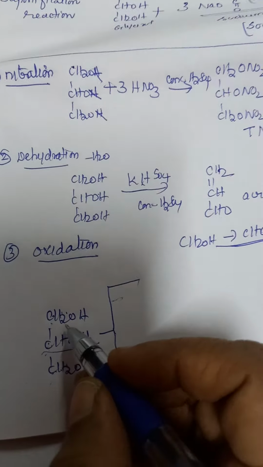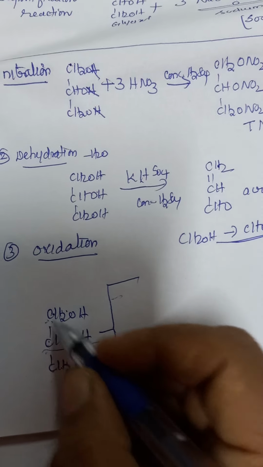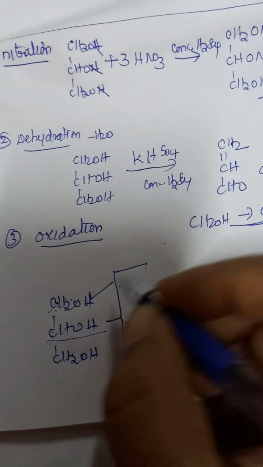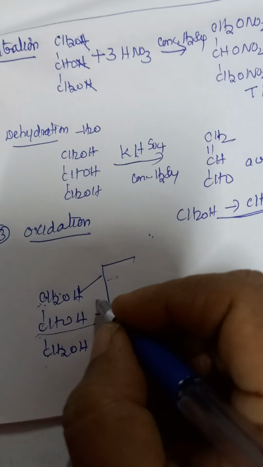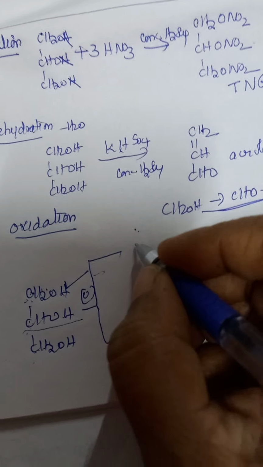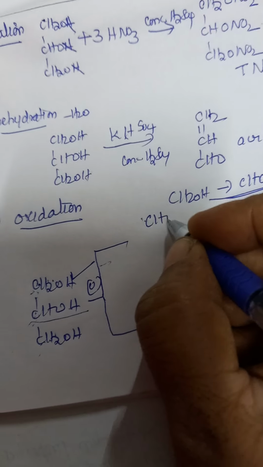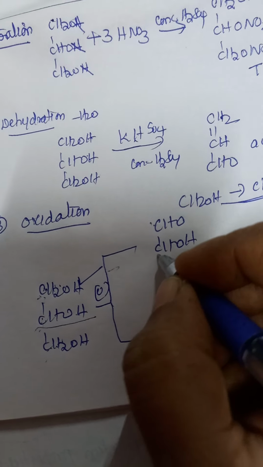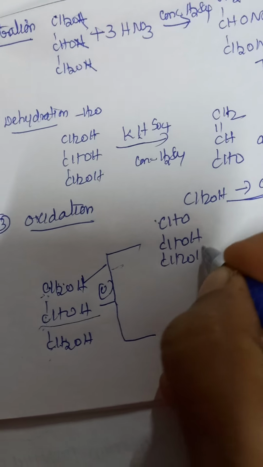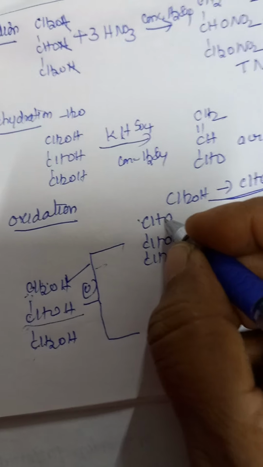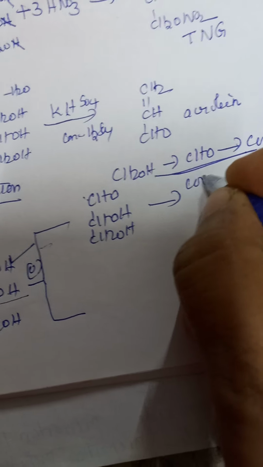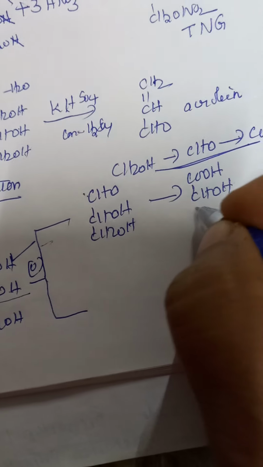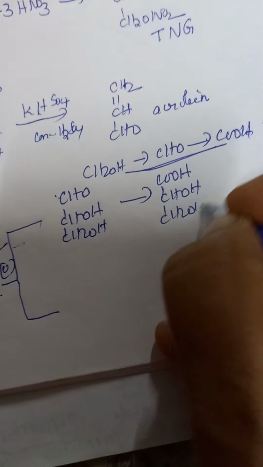So here are the 2 primary alcoholic groups. First, take this primary alcoholic group. On oxidation we get CHO, with CHOH, CH2OH remaining. Then this aldehyde group is converted to an acid group, COOH, CHOH, CH2OH.